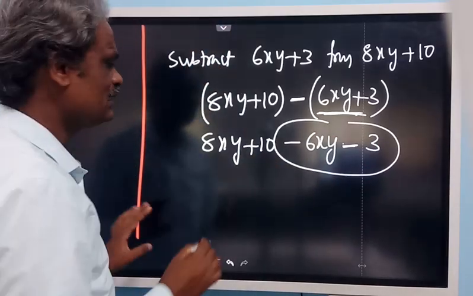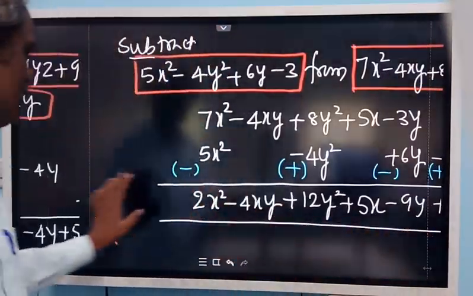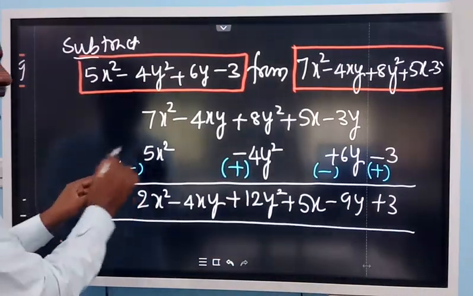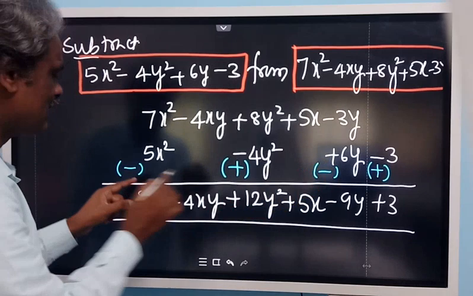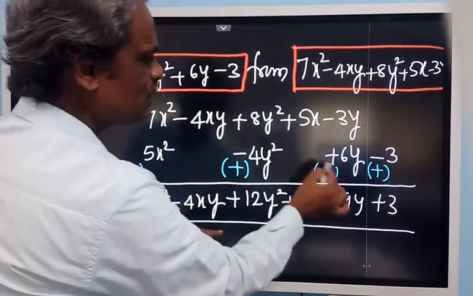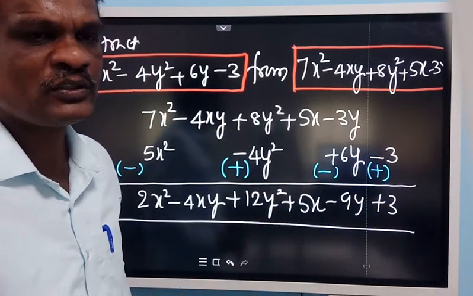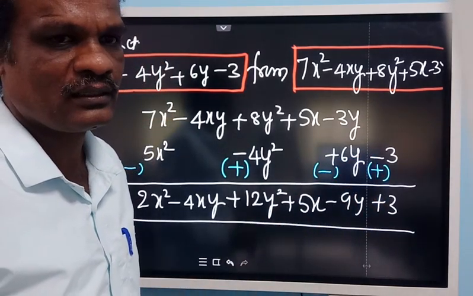That is how we can change the sign of the second expression directly. So I am multiplying minus here while subtracting. Plus becomes minus, minus becomes plus. You should take care while subtracting.